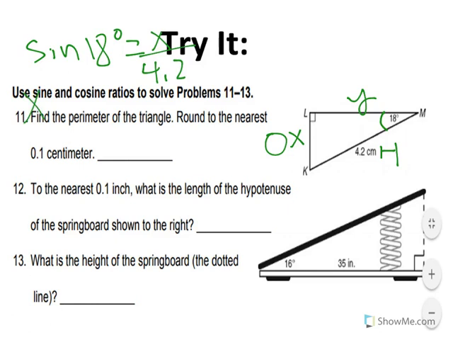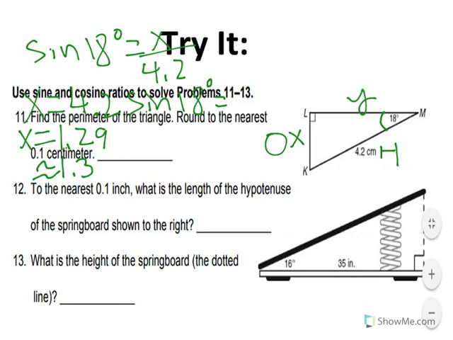So x is equal to 4.2 times sine of 18 degrees. Okay, so let's use our calculator for that. 4.2 times sine of 18 degrees. So then x is given as 1.29. So we can round this up to 1.3.